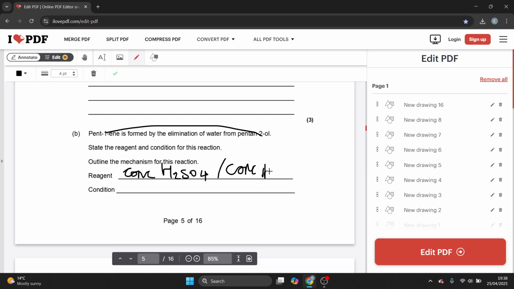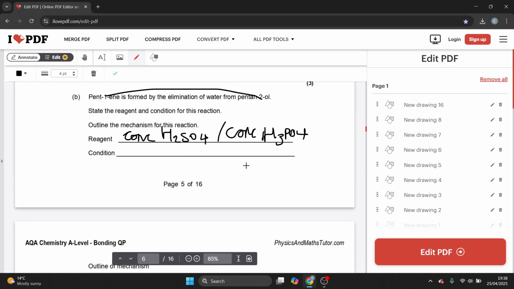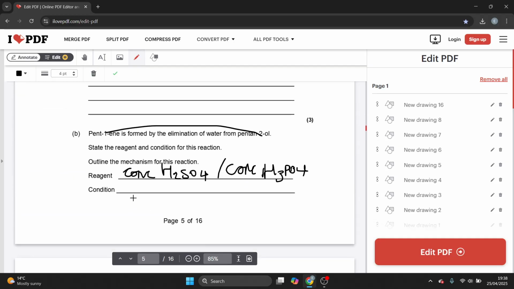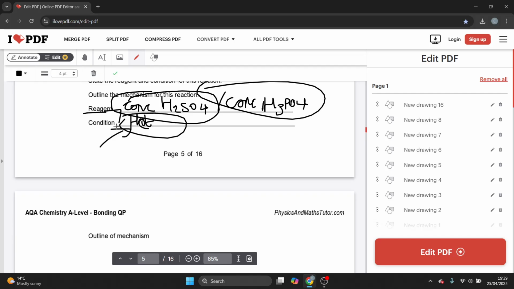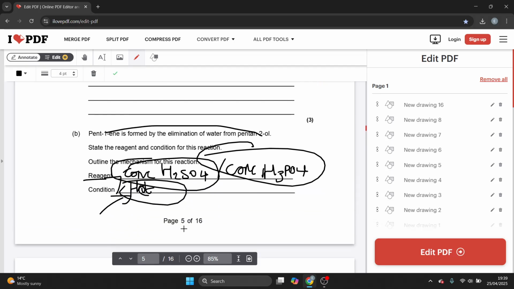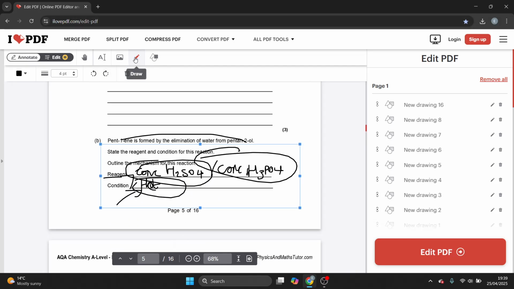The main part is the mechanism, because that's going to be at least 3 marks. And the condition is hot. You could state a temperature range if you want, but hot is perfectly fine. Concentrated H2SO4 or concentrated H3PO4, and hot is the condition.